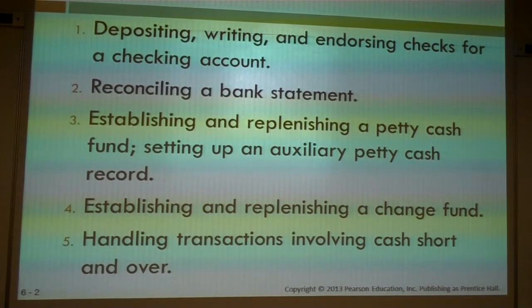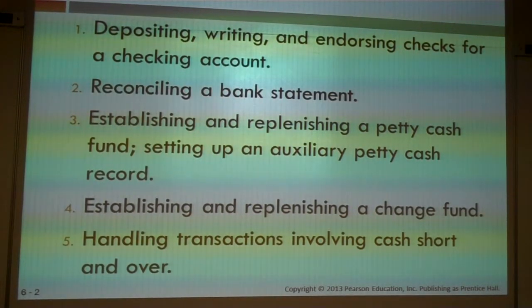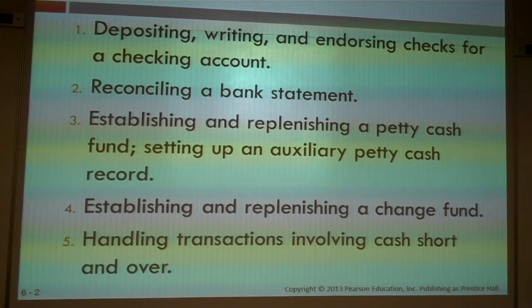But banks make mistakes. You can make a mistake. The teller can make a mistake on that check as they're coding it in for your deposit. When it's running through the proof, it could have a mistake. So make sure that you do reconcile those bank statements.